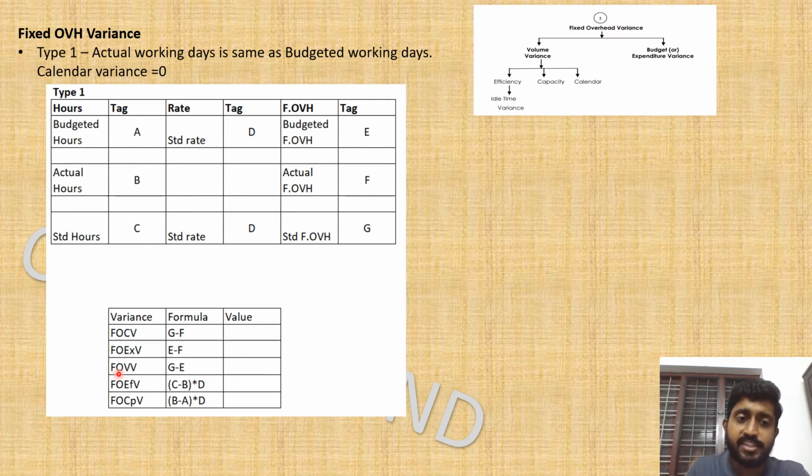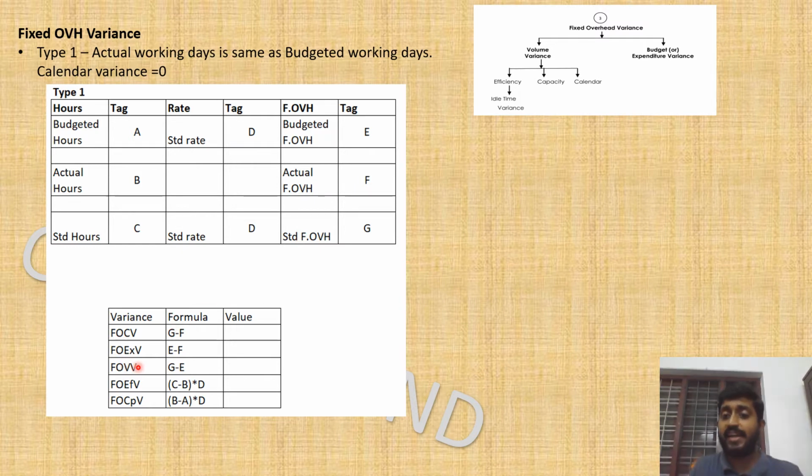We have completed the cost variance and the expenditure variance. Next is the volume variance between the budgeted fixed overhead and standard fixed overhead, which is G minus E. Why? Because standard fixed overheads is derived from standard hours, which is for the actual production. For actual production, as per standard rate, what are the standard hours? Since it is derived out of actual production, we have to do the volume variance.